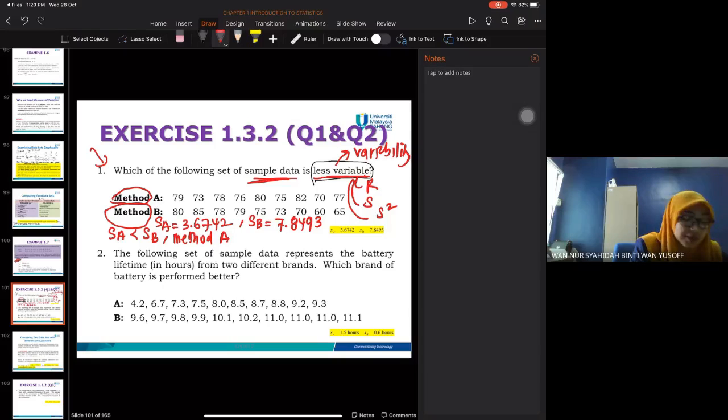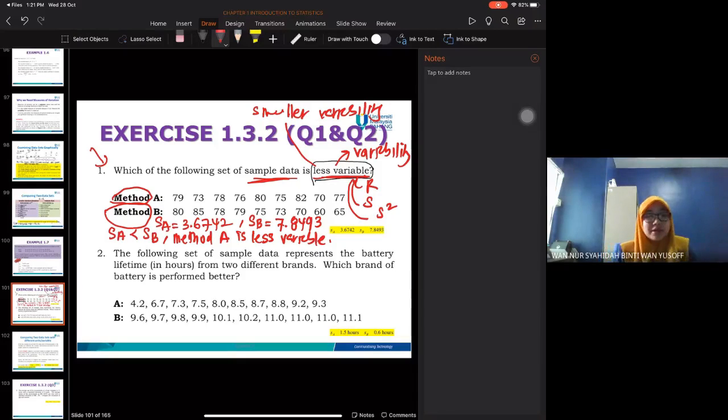Less variable. Less variable means that we need data with smaller variability. Because SA is less than SB, method A is less variable. That's the answer to this question.